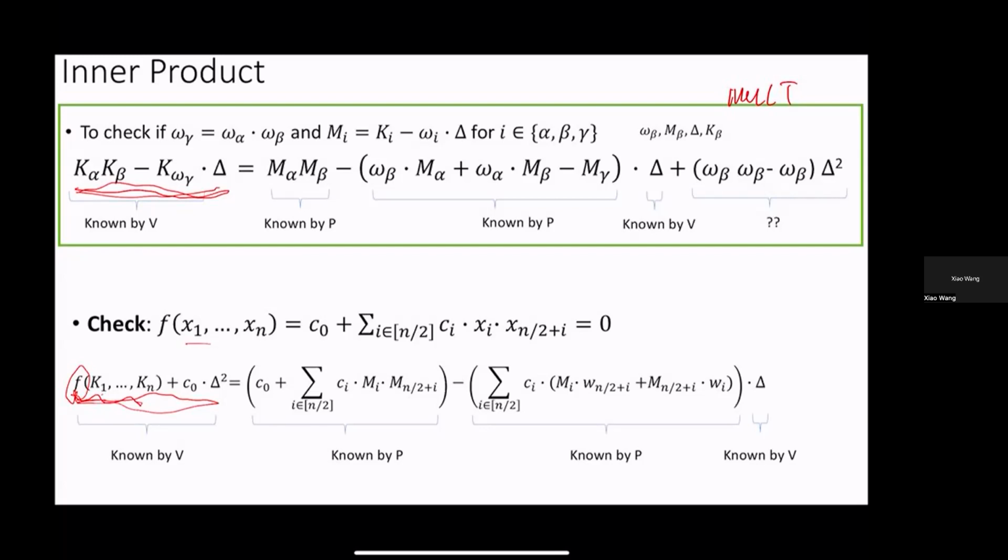So in the end, if the inner product is computed correctly, we are still looking at how to check the degree of the polynomial, which we already know how to do. This is why it can be done in a similar way.